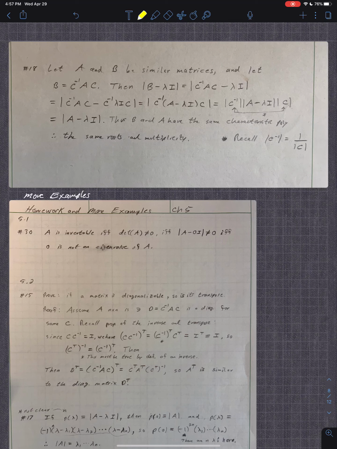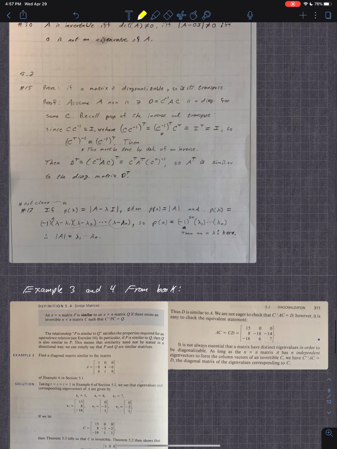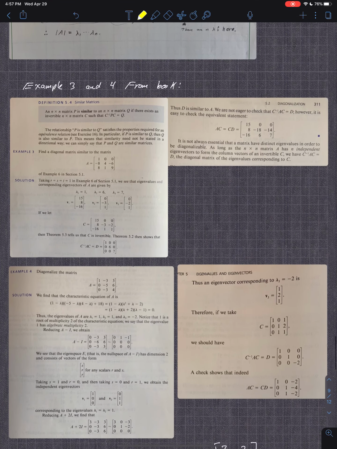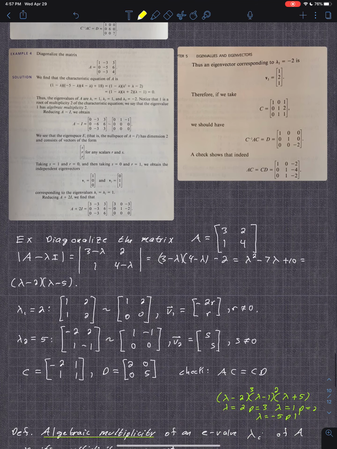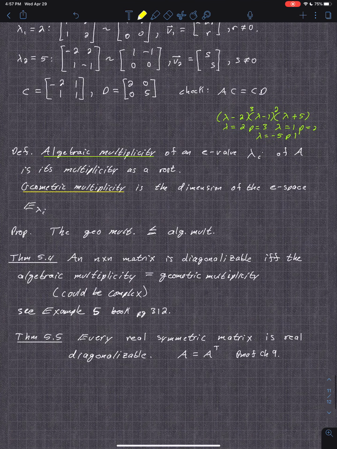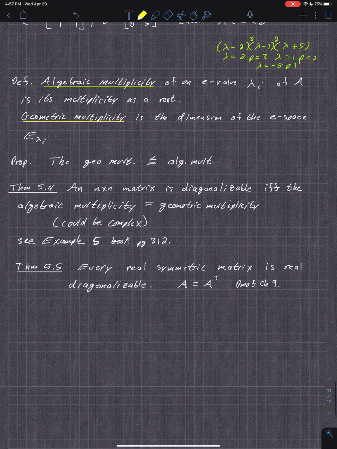So look up 18, in section 5.2, page 315. Go back and look at that. And let's continue here, because I know I have it down here. I'll be making up these notes for a little while.